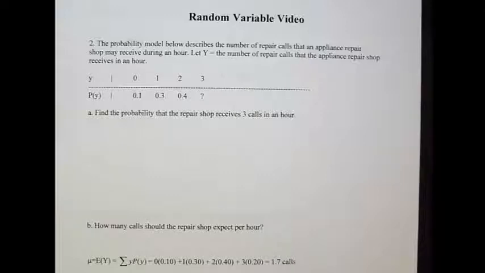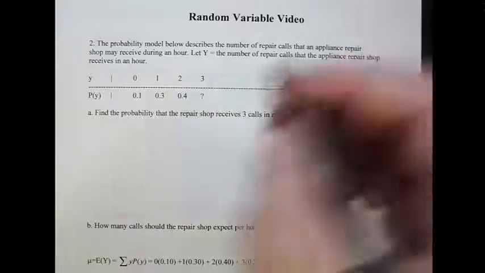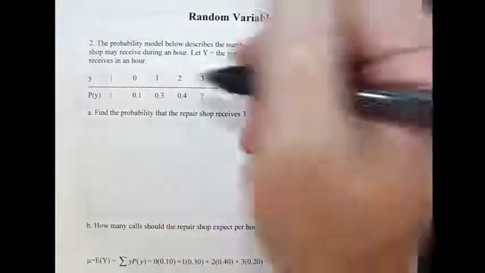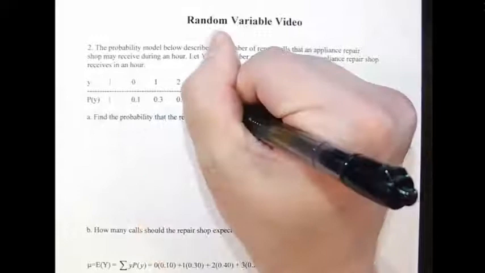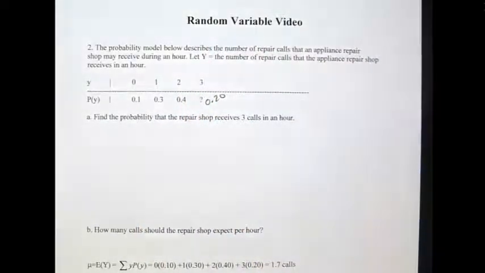In order to find the missing probability here, this needs to sum to 100%. So if this totals 80%, that means this right here has to be 20%.